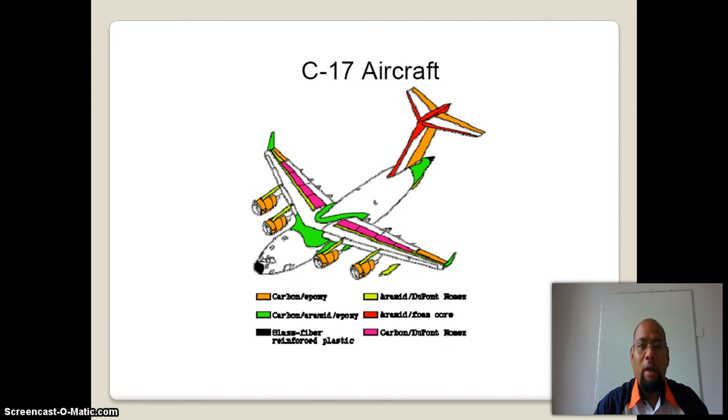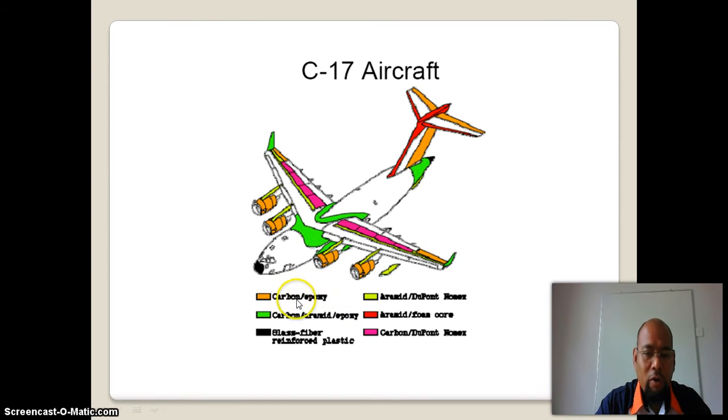This is also another aircraft that has been using carbon composite material structures. If you look here, it comprises carbon epoxy composite material. Epoxy is the type of matrix or the resin.